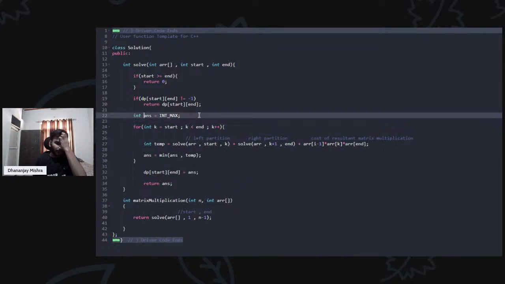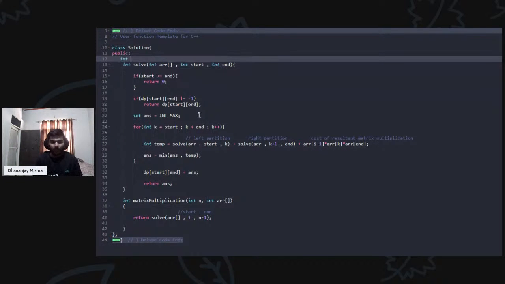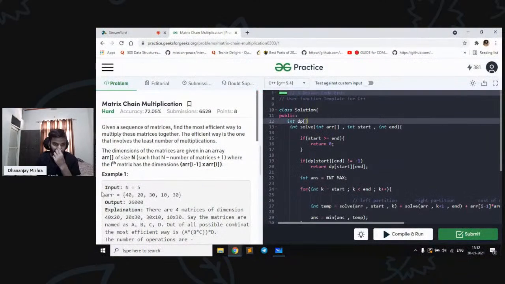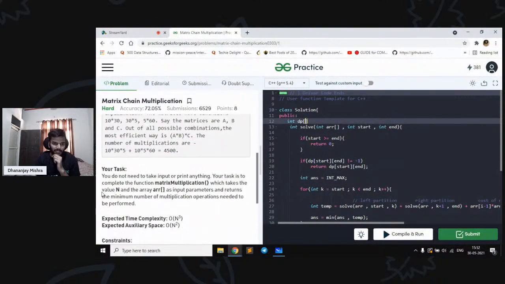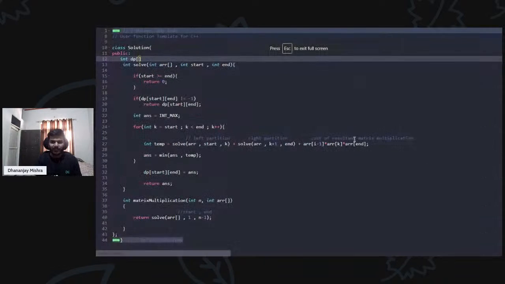Now we will create a DP array, right? So how will we be creating a DP array? You can look here that the maximum dimension of this array was 100, right? So I will take the worst case, that is the maximum dimension, because we are declaring it globally, right?